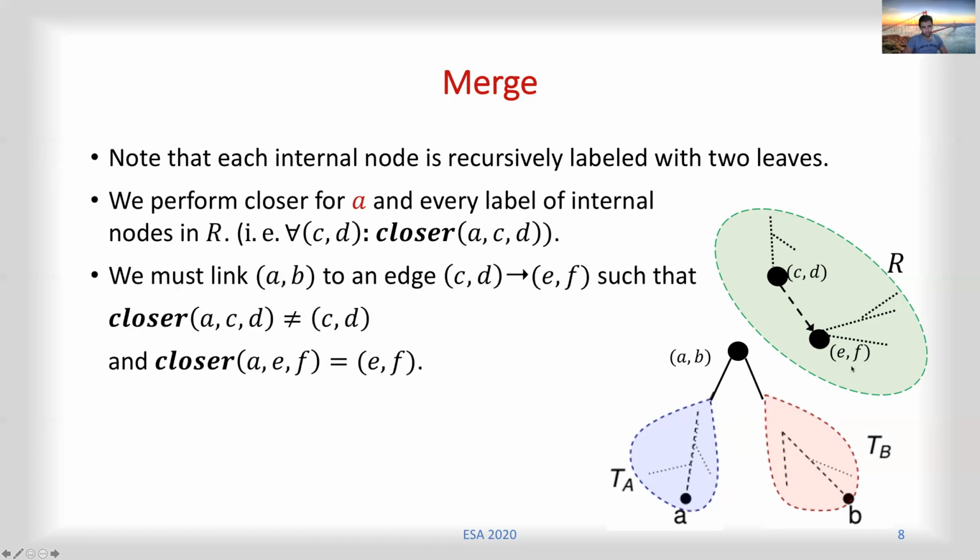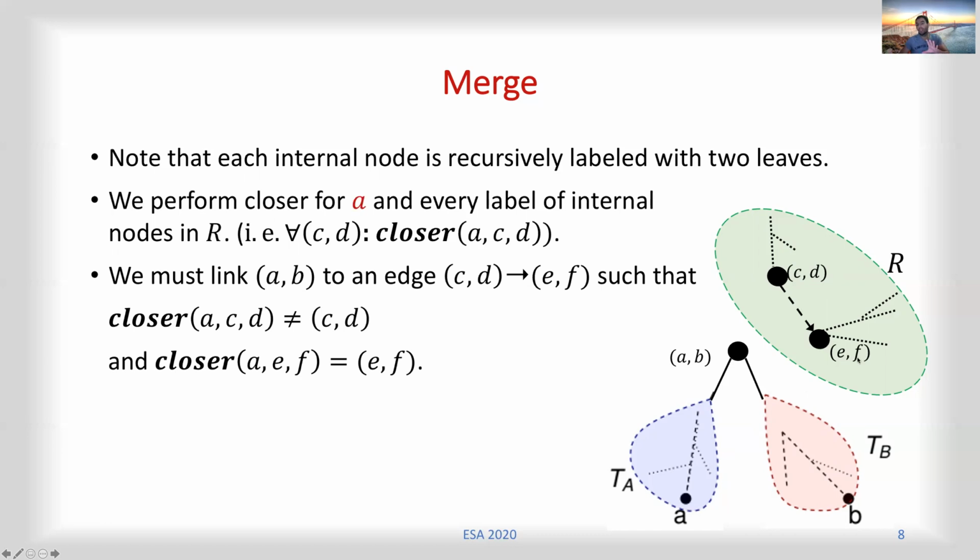So we link the node AB to an edge from CD to EF, such that the closer response from A, C, and D is not CD, and the closer response from A, E, and F is basically E and F.